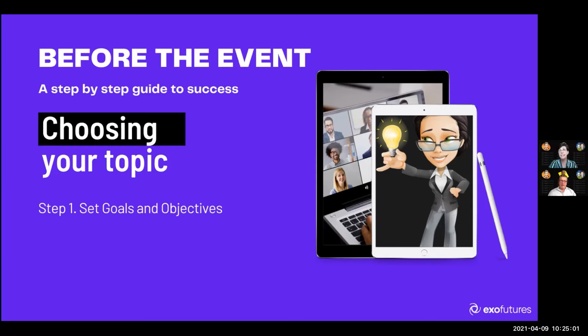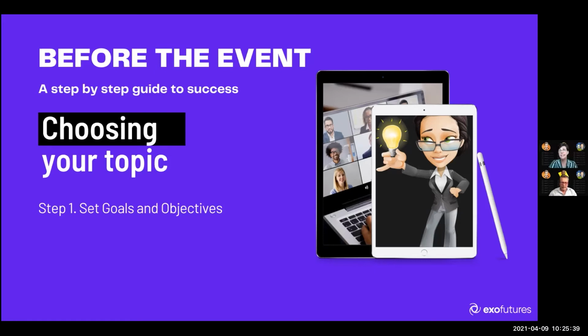Okay, so let's have a quick look at setting goals and objectives for your event. Before you start searching for potential online event topics, you need to first set the goals and objectives of your event. This step should be first because this will determine your target audience. An example of a goal for an event could be to build leadership by educating prospects and customers on XYZ, and that could be a product, it could be a service, it could be on your business, using relevant, unique, and expert insights that are appropriate for their level of education.